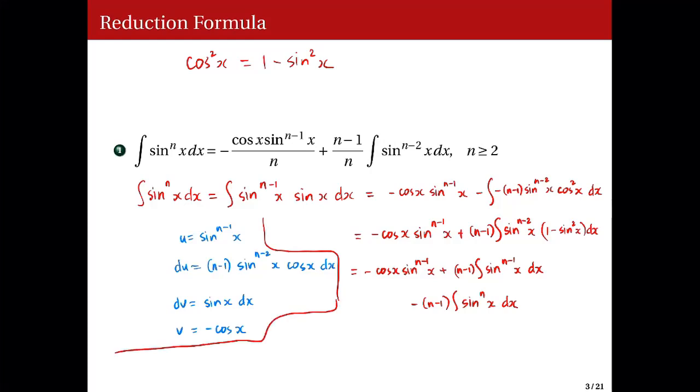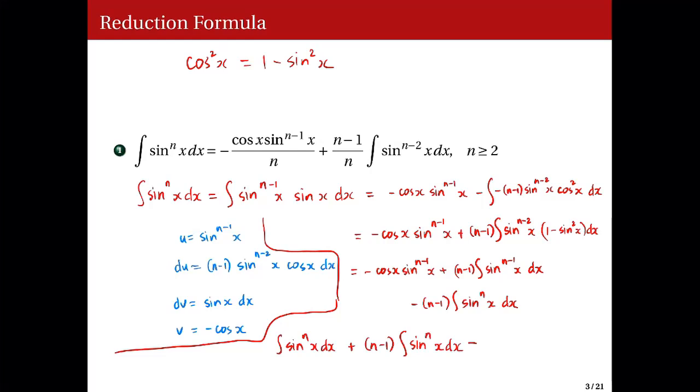So what will happen? If we bring this to the other side, we will have integral of sine to the n x dx. So bringing this to the other side, it becomes plus n minus 1 integral of sine to the n x dx. This is the left-hand side. The right-hand side in here, you'll just copy this and this guy.